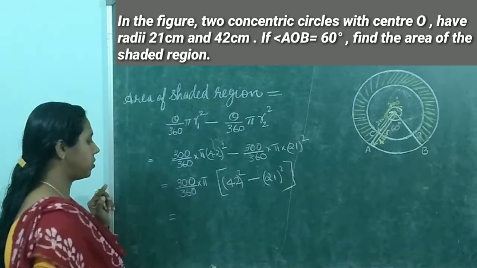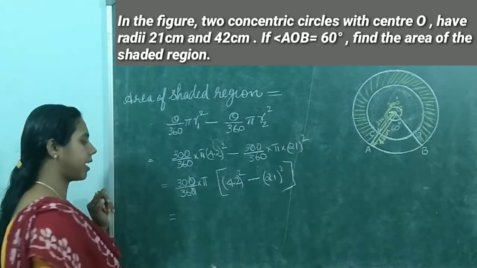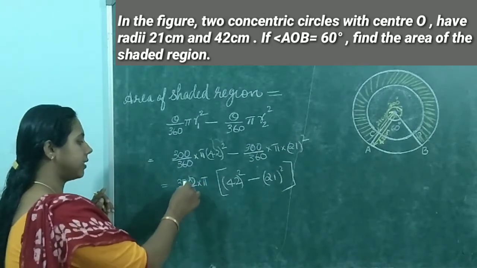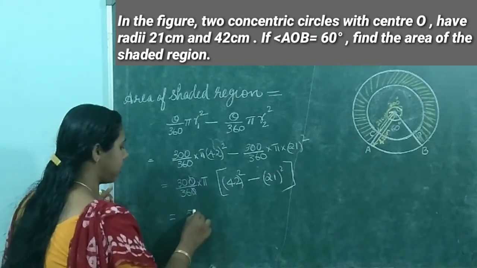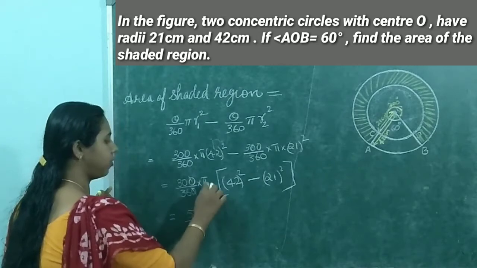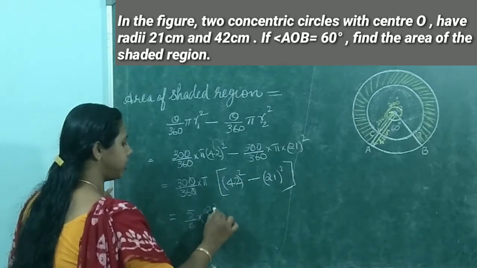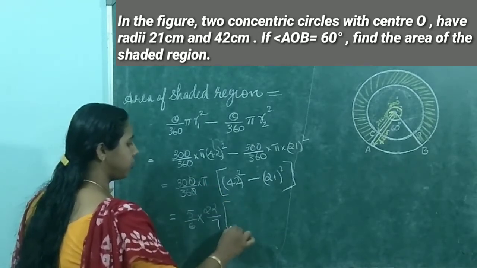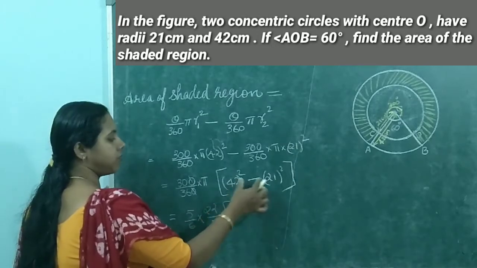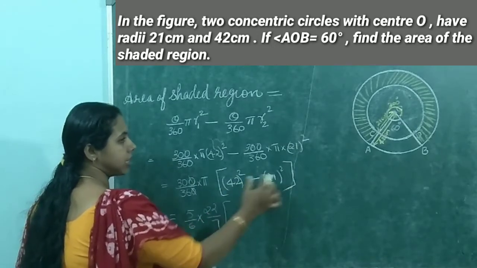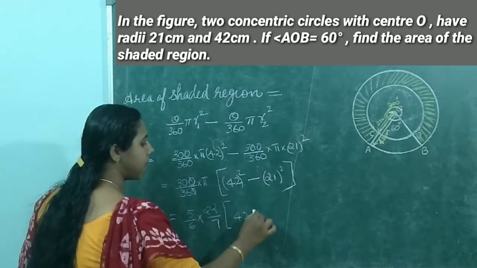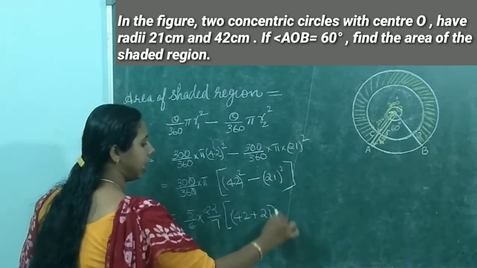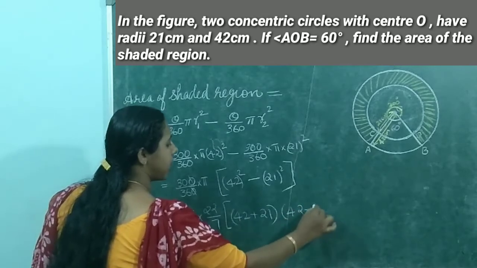That is equal to, the zero is cancelled, and 30 by 36. 6 is the common factor, so 5 by 6 into pi value 22 by 7 into it will be in the form of a squared minus b squared. So a squared minus b squared is equal to a plus b into a minus b.